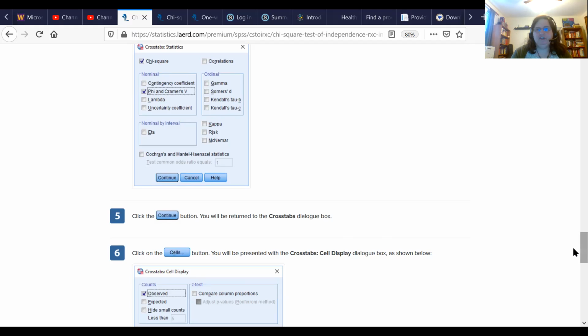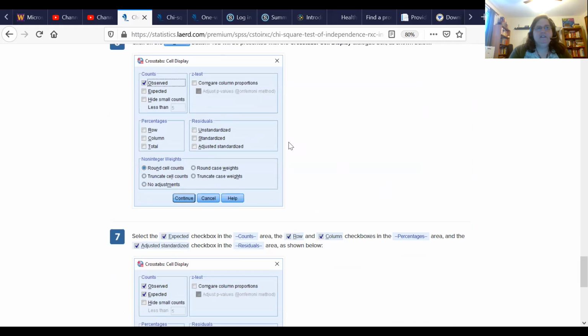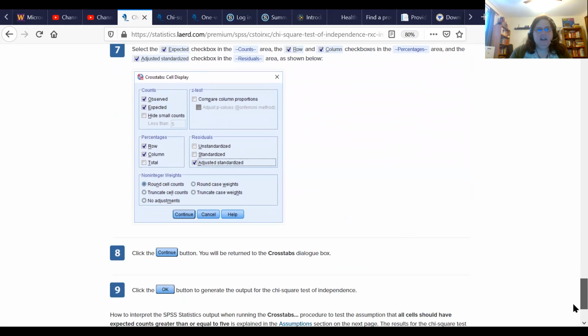Then we're going to go to cells. Remember to check off observed, expected, row and column, and adjusted standardized residual.